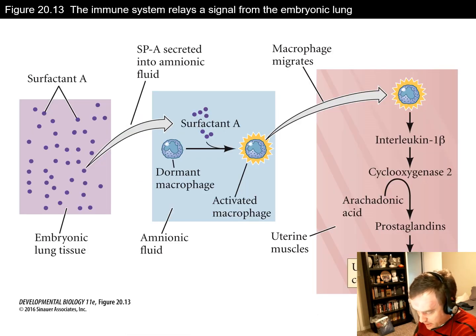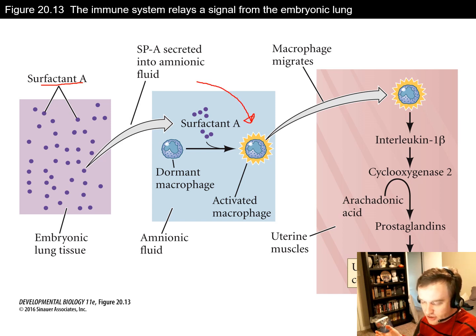We're going to finish up here by talking about this very cool system of signaling for contractions for birth. In the embryonic lung, once it's at a certain developmental stage, that triggers the start of the birthing process. In this case, surfactant A activates macrophages in the amniotic fluid from the lungs.